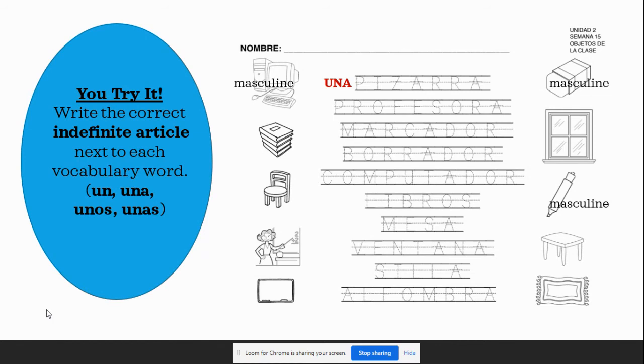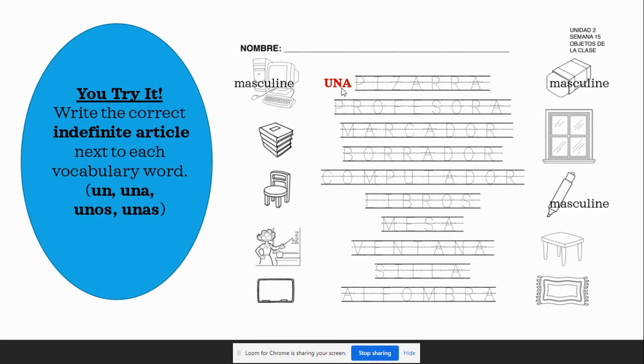That's something you can do in your own time, whereby you would match each word with a picture by simply drawing a line from the word to the picture or from the picture to the word. Now here's what I want you to do to practice those indefinite articles. I would like for you to write in front of each vocabulary word the correct indefinite article.